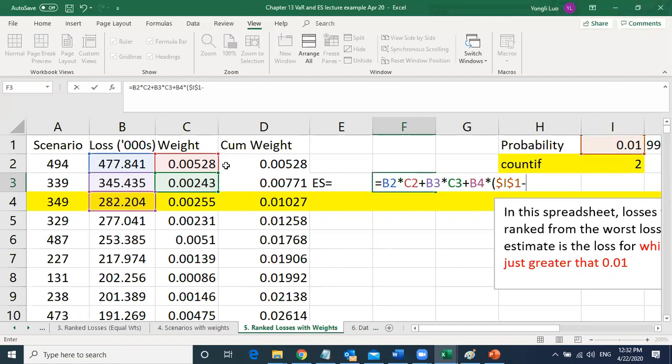this weight, C2, and then you minus that, say the third one, so you have all this together.